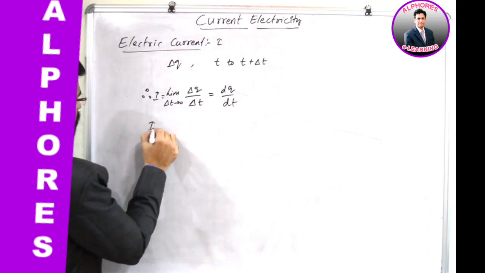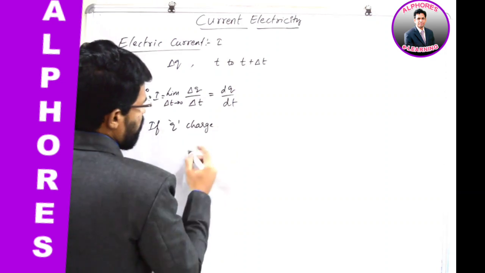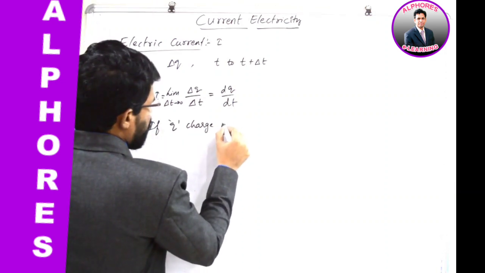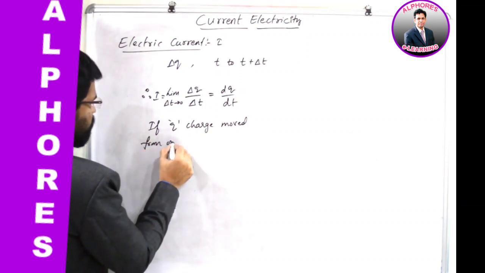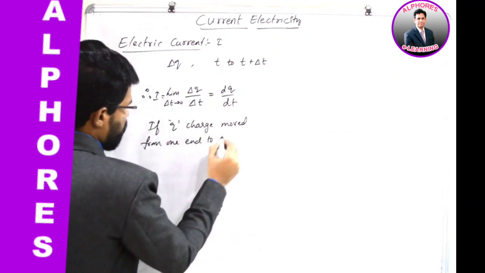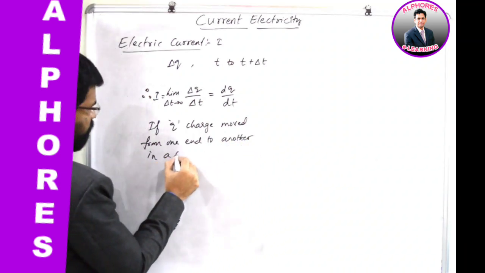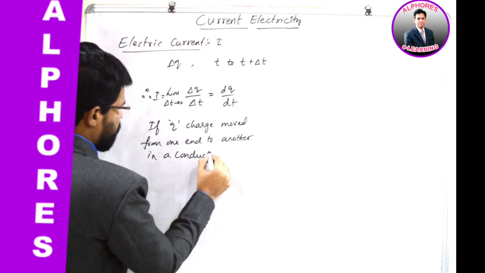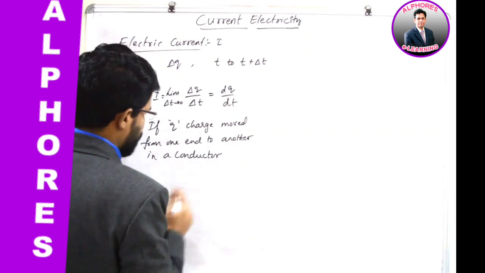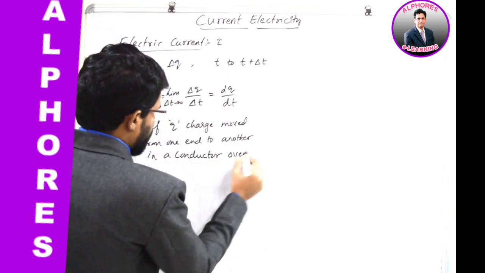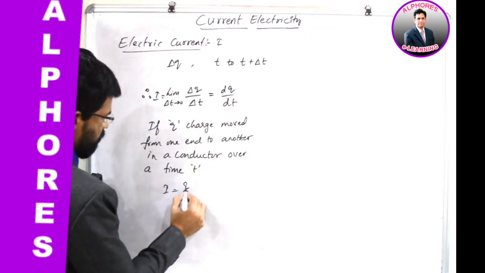Or in general, if q charge moved from one end to another in a conductor, then let us define time as well. In a conductor, over a time t, this I can be written as q by t.